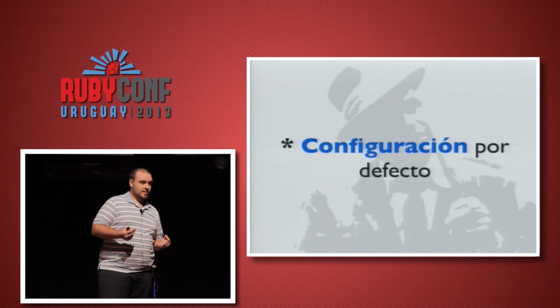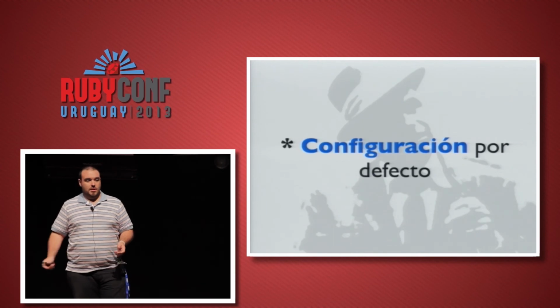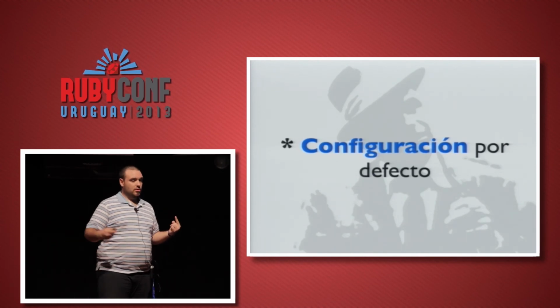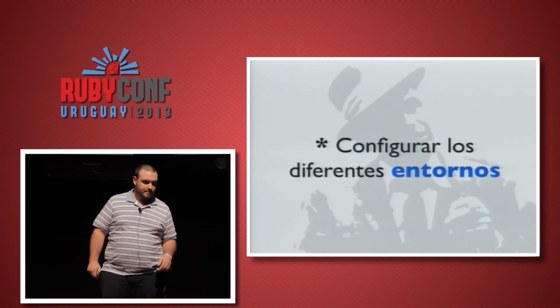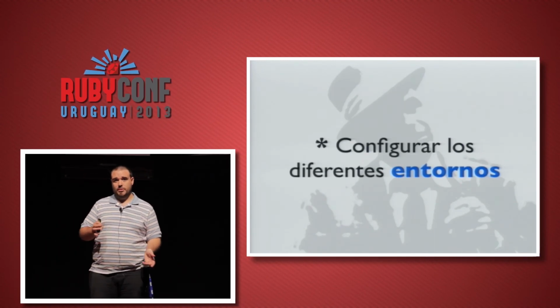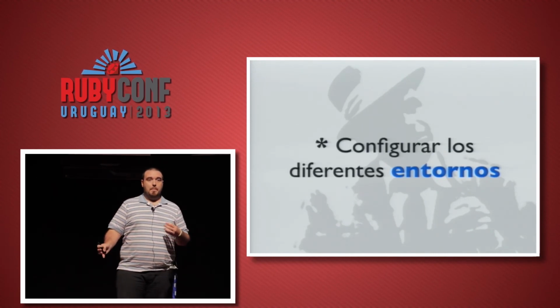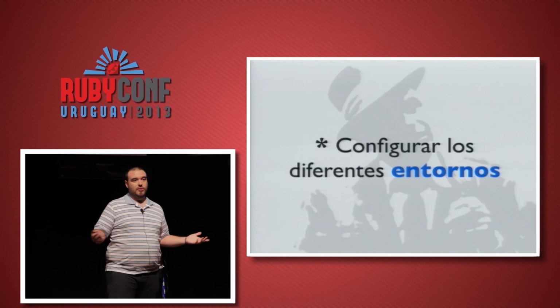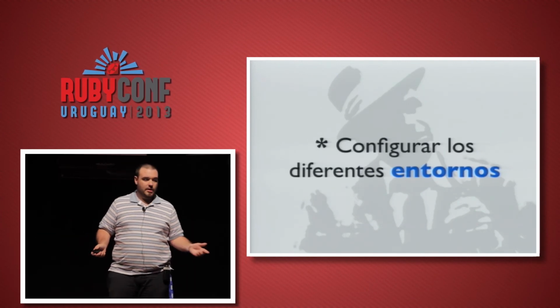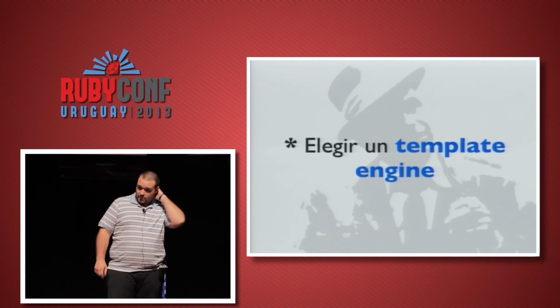If we configure everything in one single class, then configuration propagates to the others. So to have one single configuration for a full project is essential. And then to have different environments, if we have development, testing, production, then in our supposed framework, it should be neat to have this configured.